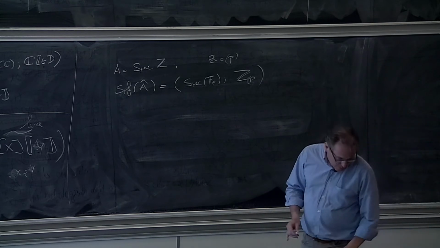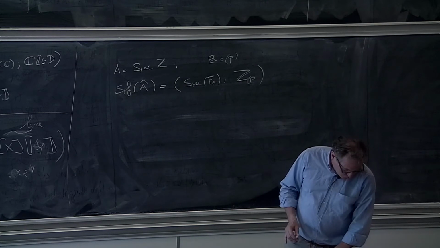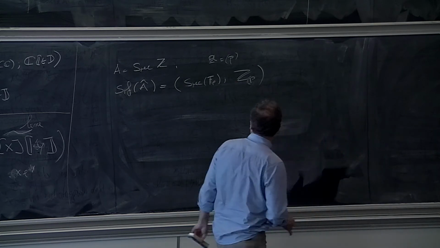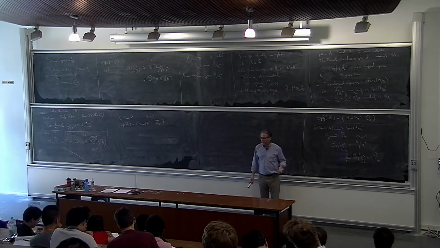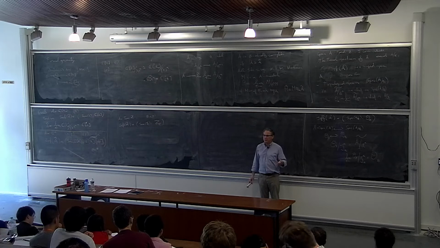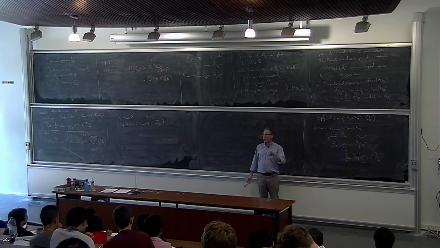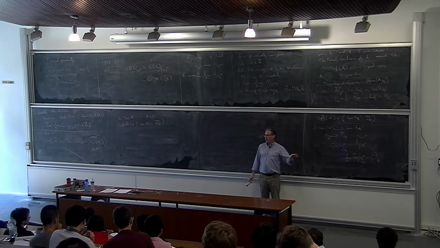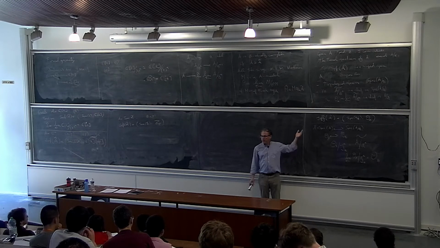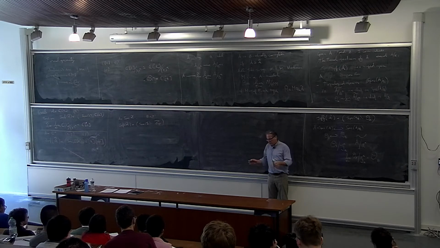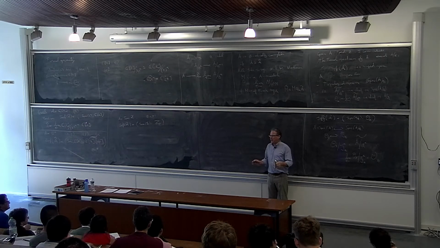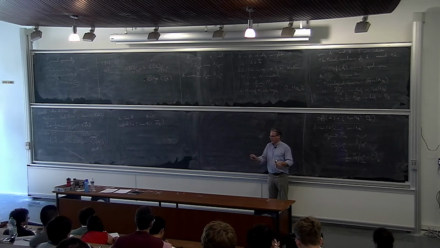So how do you construct schemes? Schemes are ringed spaces which are locally the spectrum of a ring. Let's say that schemes are geometric objects built up from small bricks, which are affine schemes.